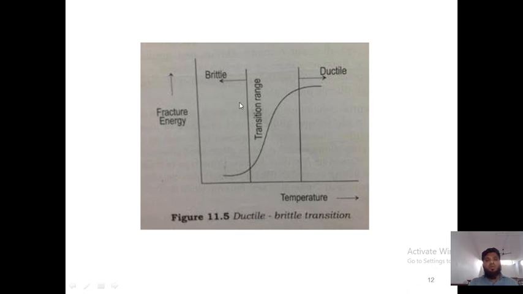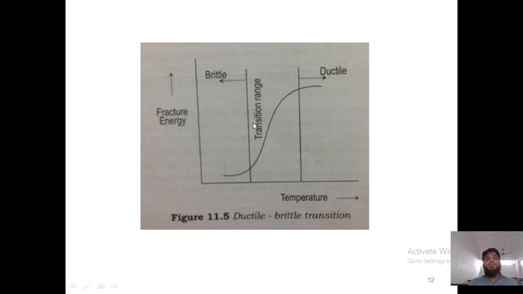Initially it was brittle. If you apply temperature, at some temperature, which is called the transition range, the brittle material will be converted to ductile. Once you cross this barrier, the material will be completely converted to ductile. Similarly, if you keep on reducing the temperature, at some lower temperature the material will be completely converted to brittle.